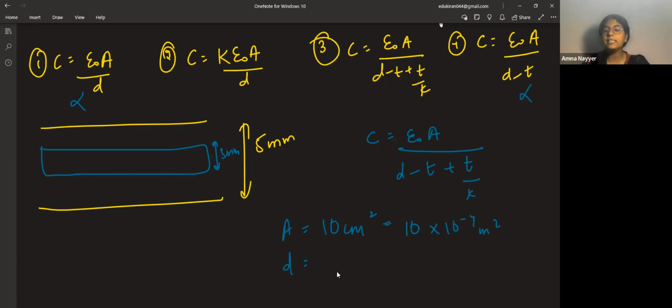Separation between the plates is 5 millimeters, 5 into 10 to the power minus 3 meters. And thickness is 3 millimeters, which is 3 into 10 to the power minus 3 meters. Epsilon naught permittivity, 8.85 into 10 to the power minus 12. Now see, permittivity's value, please remember class, because this won't be mentioned anywhere.